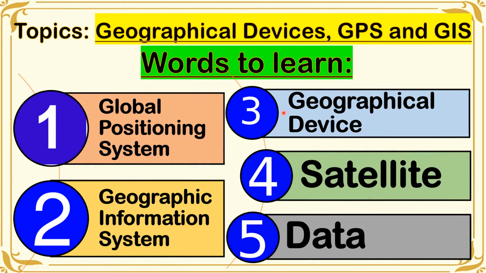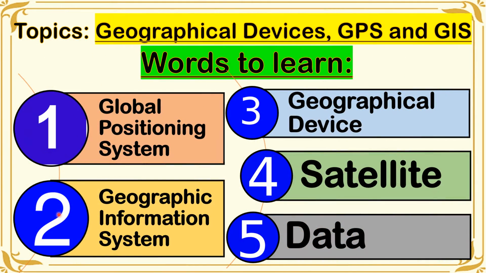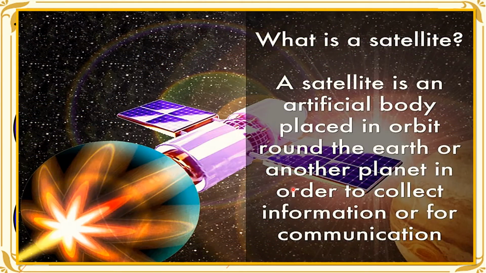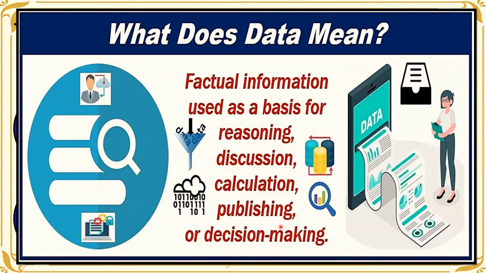The third word is geographical device. What do you mean by device? A device is an object or a piece of equipment that has been designed to do a particular job. Number 4 is satellite. A satellite is an artificial body placed in orbit around the Earth or another planet in order to collect information or for communication. And the last word that we have is data.